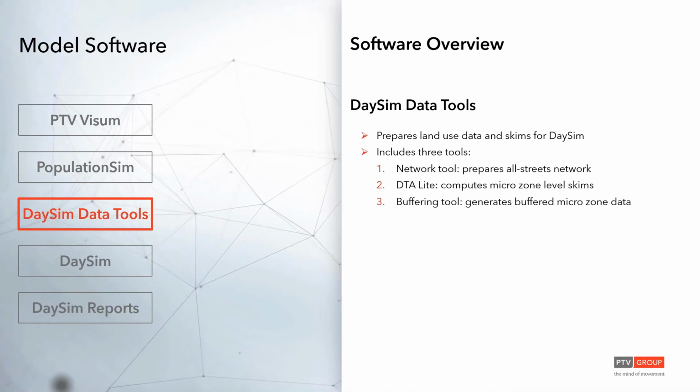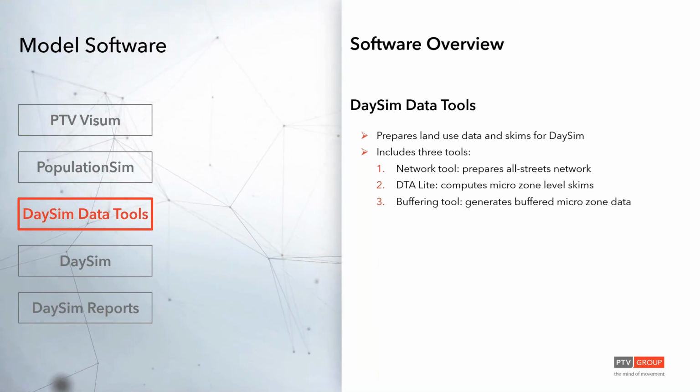buffered land use data. So Dacing, instead of simply using land use data for each zone, it looks at not just that zone but also the zone surrounding that zone, and it gives you a better idea of the demographics in a neighborhood or the land use data of the neighborhood instead of pointing only at a specific small micro analysis zone.